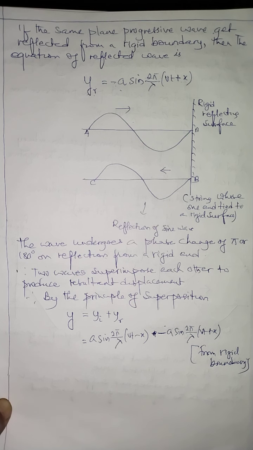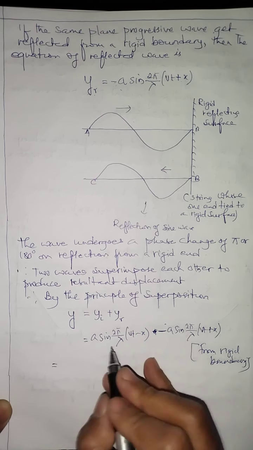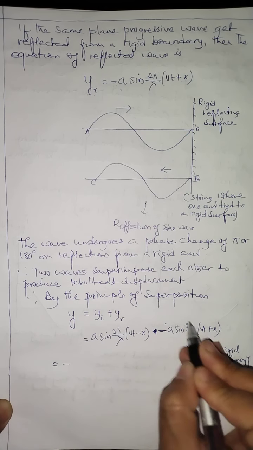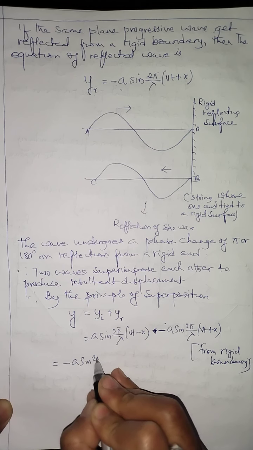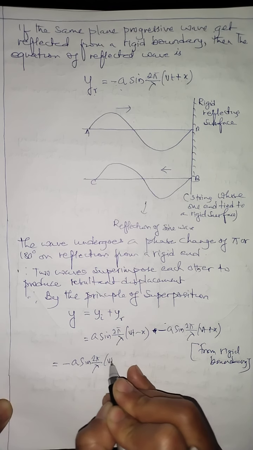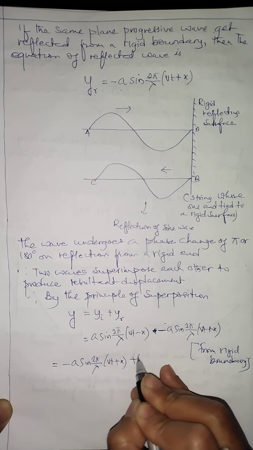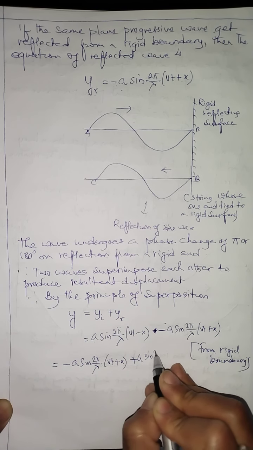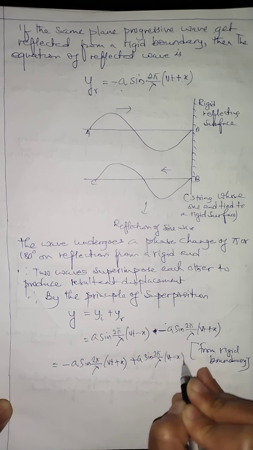Now in order to solve, let me take common terms. Before I take common terms, I write this equation like this. I write this quantity first: minus a sine 2 pi by lambda (vt plus x), then plus a sine 2 pi by lambda (vt minus x).